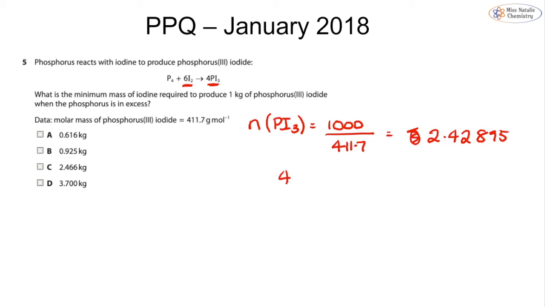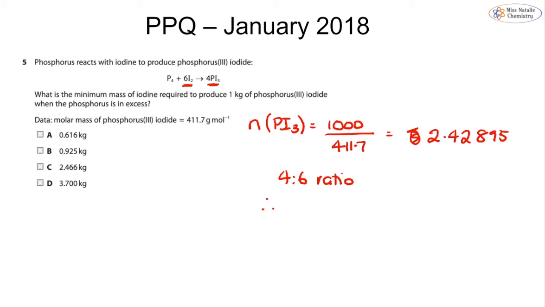Here we've got a 4 to 6 ratio. Now this is a bit of a tougher ratio because it's not just as simple as a 1 to 2 or a 1 to 3 ratio. But the easiest way to do this is we divide by the first number in the ratio and we multiply it by the second number.